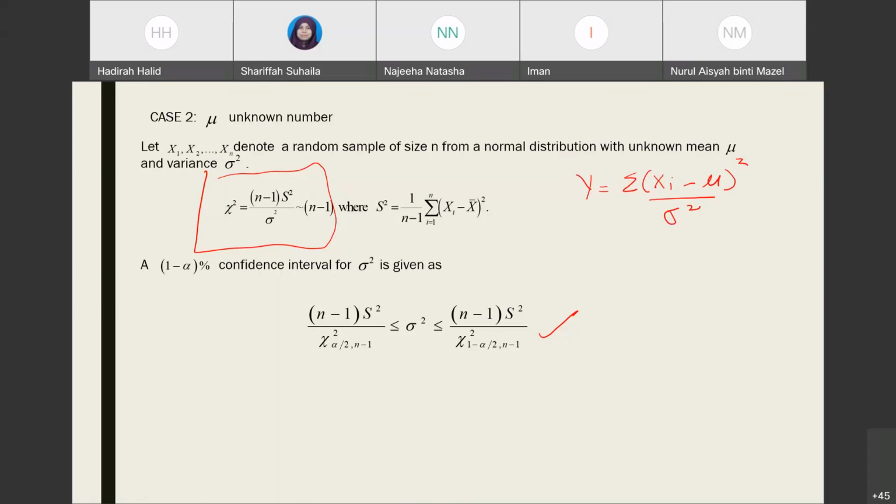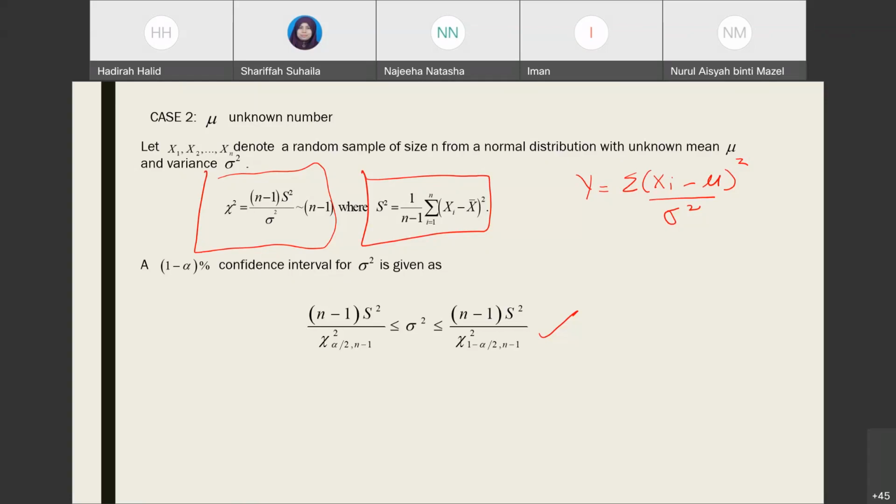So it becomes different when we have s squared, which is the formula for your sample variance, the summation of xi minus x bar squared over n minus 1. That means we will replace it with the value n minus 1 s squared over sigma squared. So the same approach.